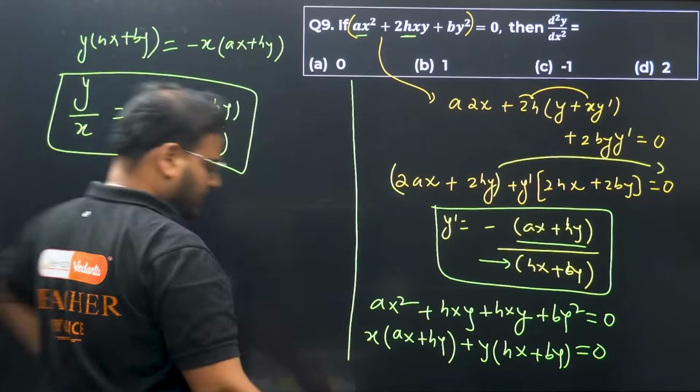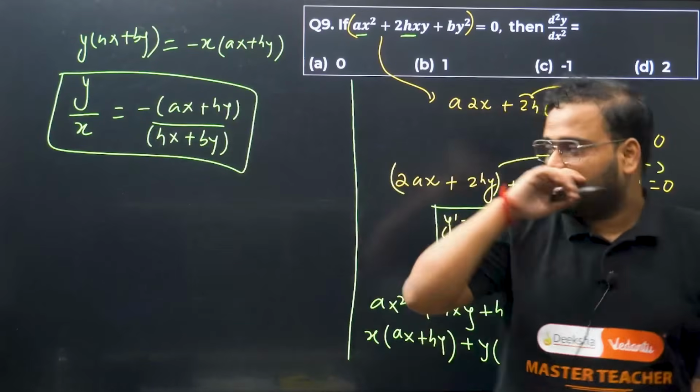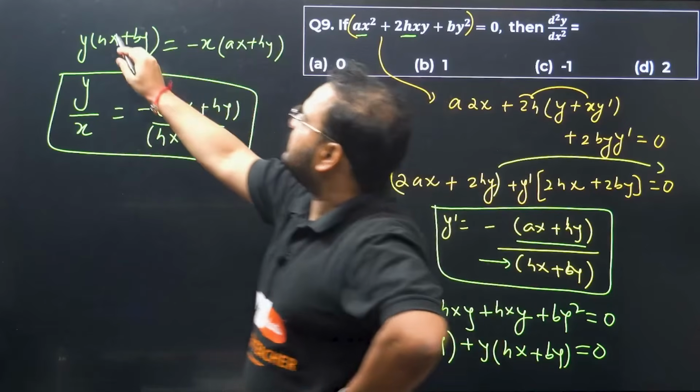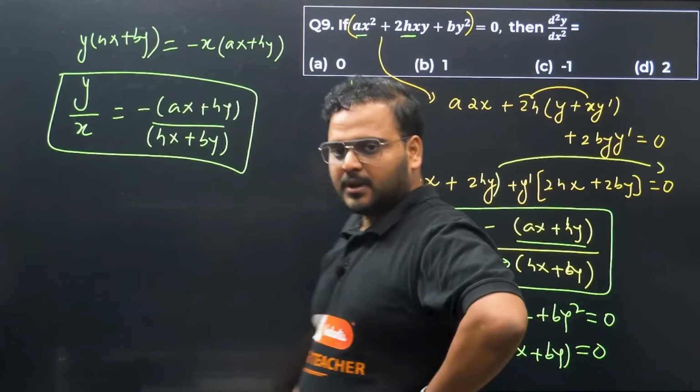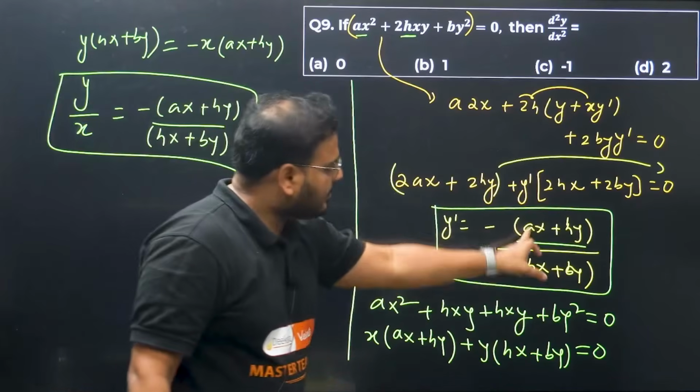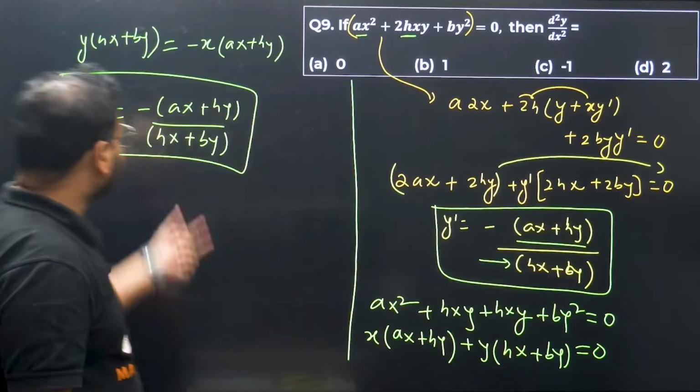Have a look. I'm getting y by x. X comes over here, so y by x. This is ax plus hy, and this is hx plus by comes over here. Clear or not? Have a look. Yes. So is this the same thing? Ax plus hy and hx plus by with a minus sign.